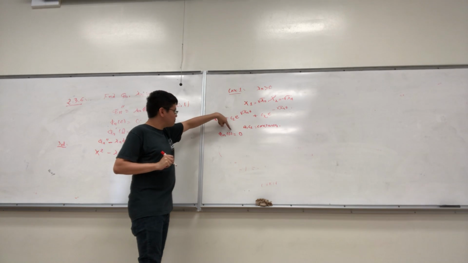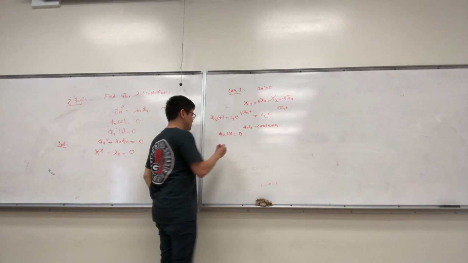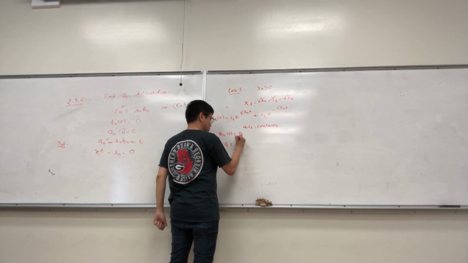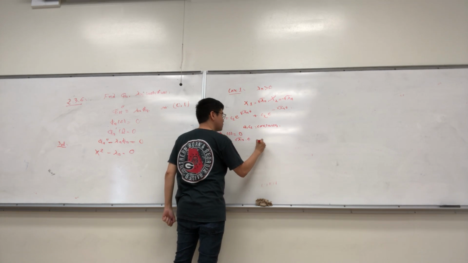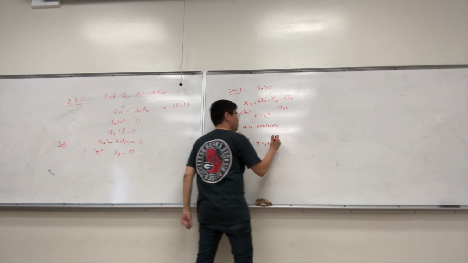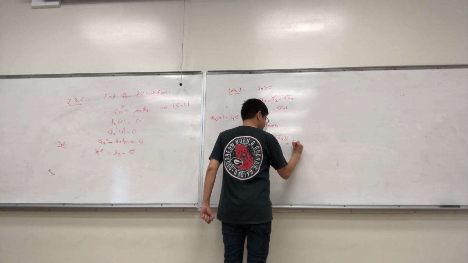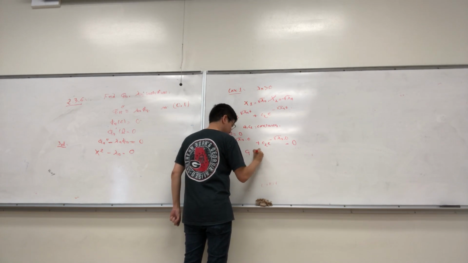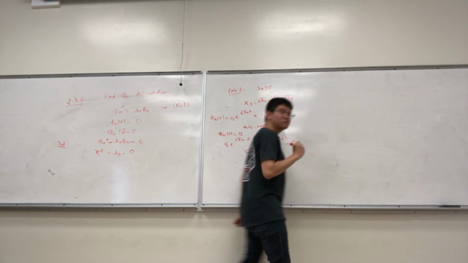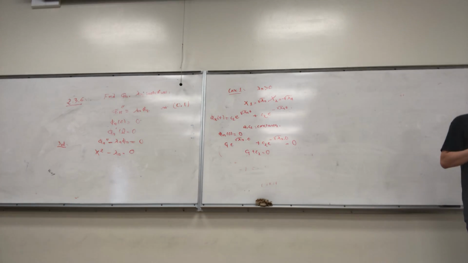So I'm going to replace 0 here. I have C1 e to the power square root of lambda n times 0 plus C2 e to the power minus square root of lambda n times 0. And this is going to be 0, meaning that C1 plus C2 is going to be 0.